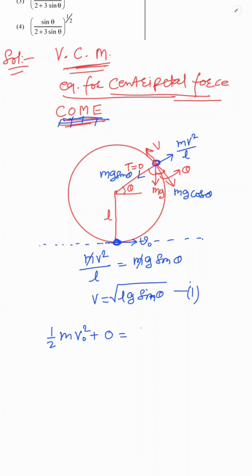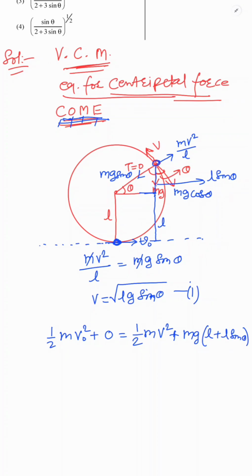Now at the final point there is kinetic energy half mv square, and there is also potential energy mgh. If this is L at angle theta, this height will be L sin theta, so the total height of the particle from the ground will be L plus L sin theta.